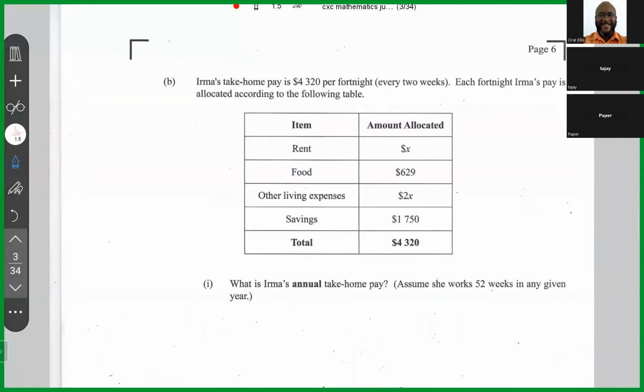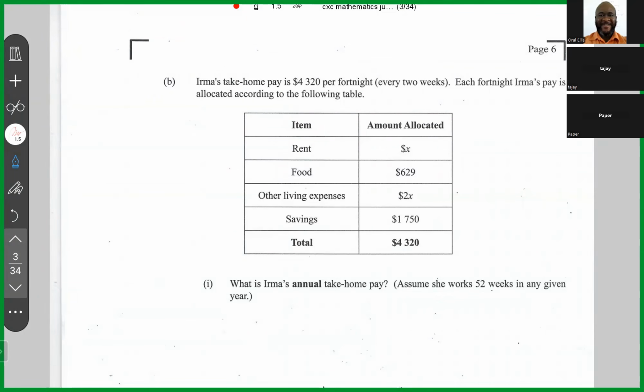All right, here B says Irma's take-home pay is $4,320 per fortnight, and the word in brackets, per fortnight, means every 2 weeks. Each fortnight, Irma's pay is allocated according to the following table. So we see that for rent, Irma allocates X dollars out of her pay.